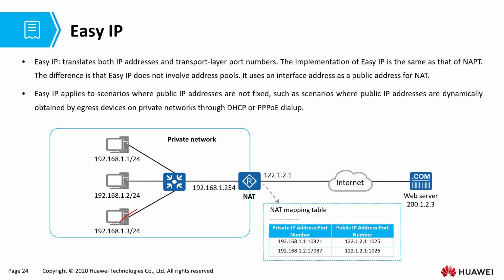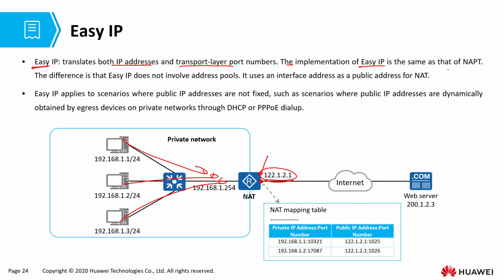It keeps translating all these addresses from the internal network to the public address of the egress device, the address on the public facing interface on the egress device. This address right here, we don't need to define an address pool, and there is not going to be any address pool. So in EasyIP, we translate both the IP address and transport layer port numbers.